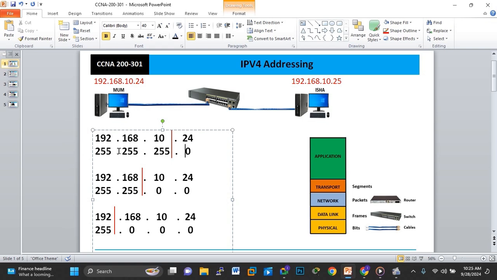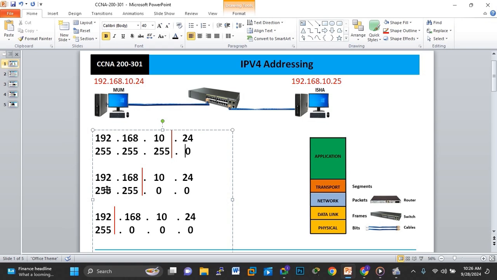The subnet mask is showing you the network aspect and the host. 192.168.10 is the network side, because the subnet mask has already indicated below, which is 255.255.255. This dot 0, you see, is not 255, and dot 0 shows you that this is the host part. So this address indicates 24 bits. But when we reach conversion, you will know more.